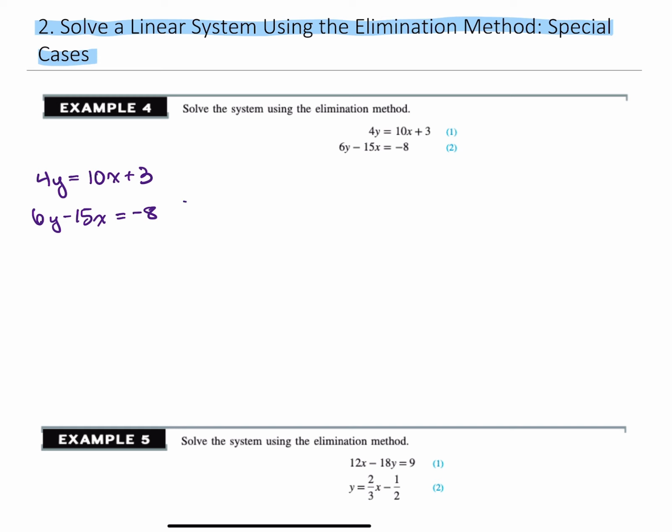So first I'll put these both in standard form. For the first one, I'll subtract that 10x over to the other side. So that will give me negative 10x plus 4y equals positive 3. And then for the second equation, I'm just going to swap the positions of the x and y term. I'll put the minus 15x first, plus 6y, this will equal negative 8.